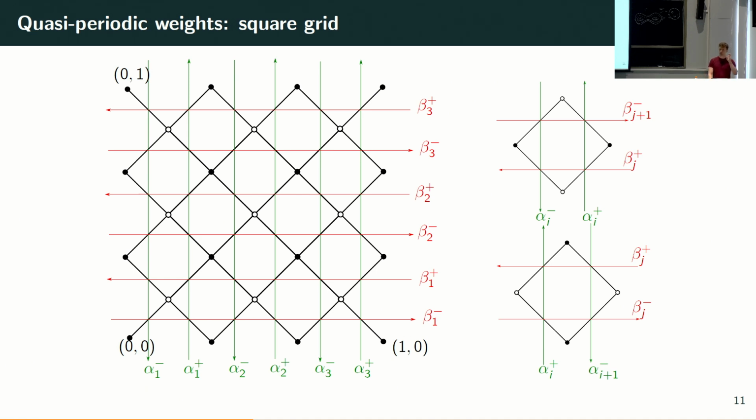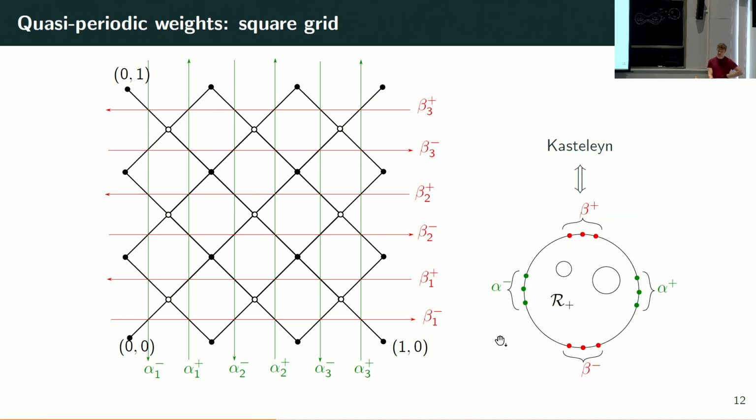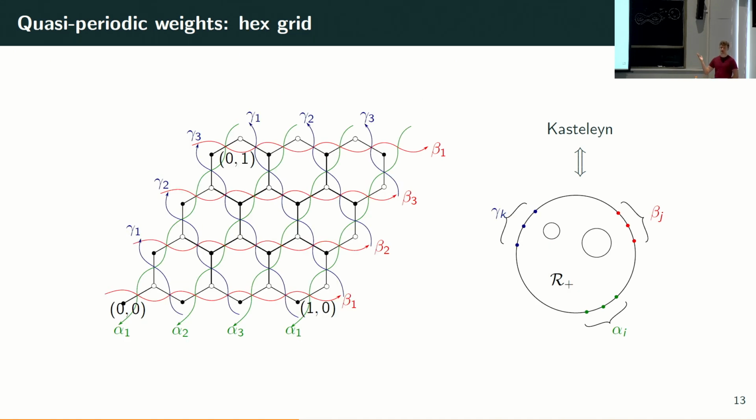The ordering or clustering condition that needs to be satisfied is exactly this. We know that this data defines a dimer configuration if and only if this clustering condition is satisfied. So all the alpha pluses, the clusters cannot intersect. Similarly, you can do the same thing on the hexagonal grid, and the condition is still just a clustering condition, but with 3 clusters.